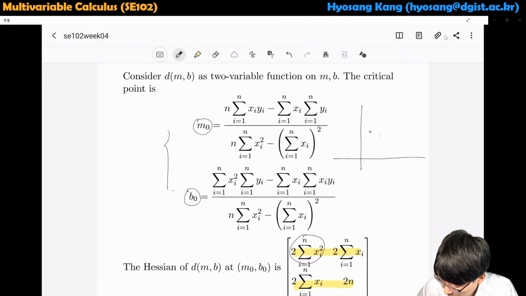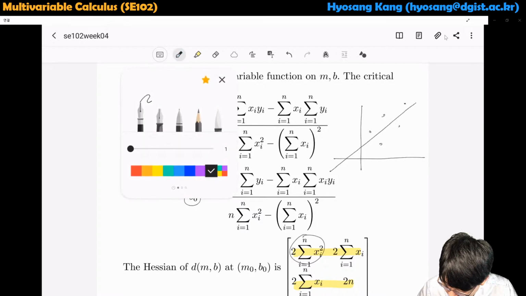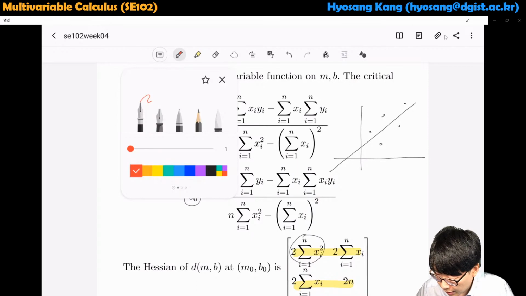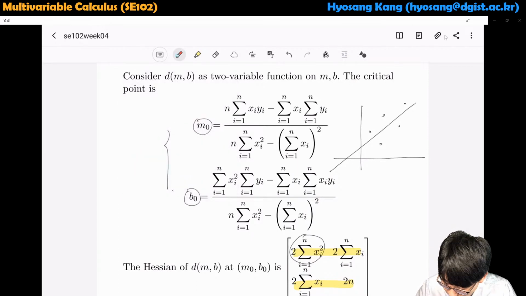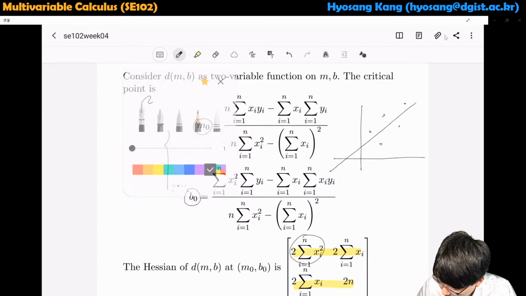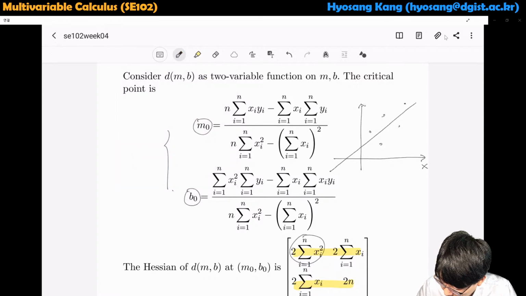What does this regression line do? It takes the errors between the line and the points, but you have to be careful what kind of line that is in this picture. We have the x-axis here and the y-axis here.